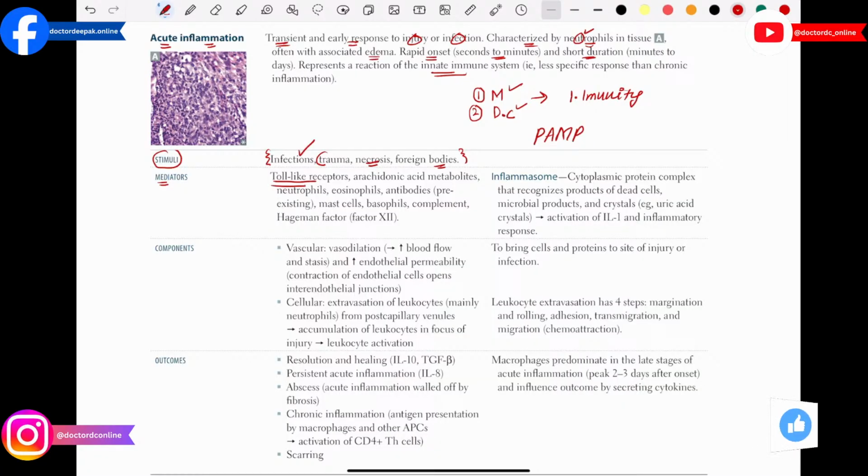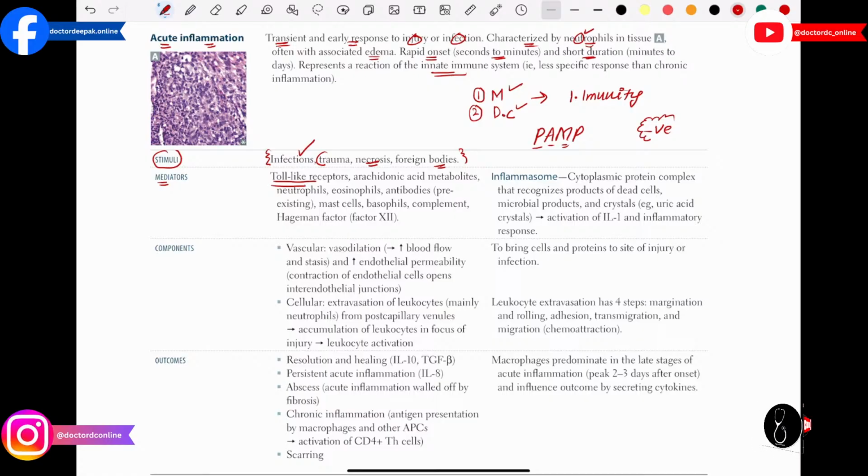They can also ask you what the examples of these pathogen associated molecular patterns are. Whenever there is any kind of bacteria, let's take the example of gram negative bacteria. In the outer membrane of gram-negative bacteria, we have the lipopolysaccharide. It is a type of pathogen-associated molecular pattern.